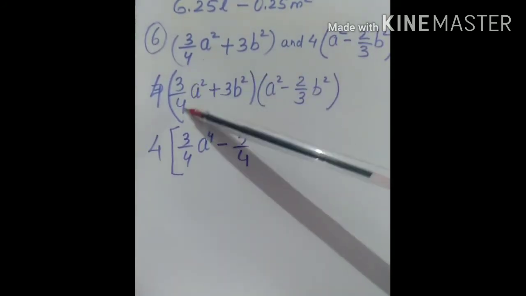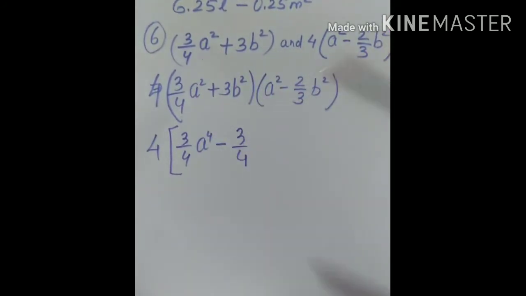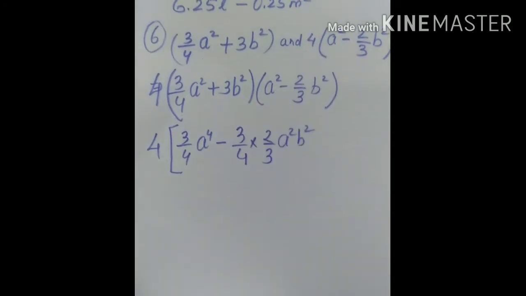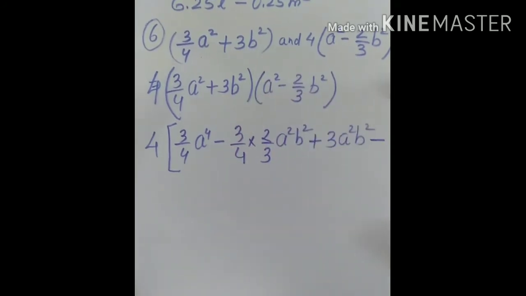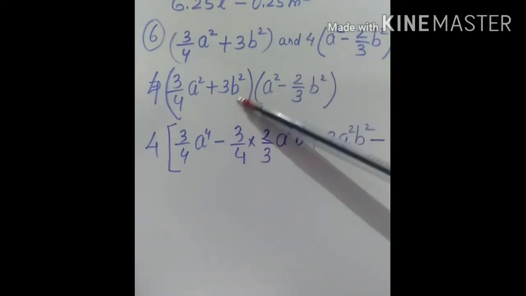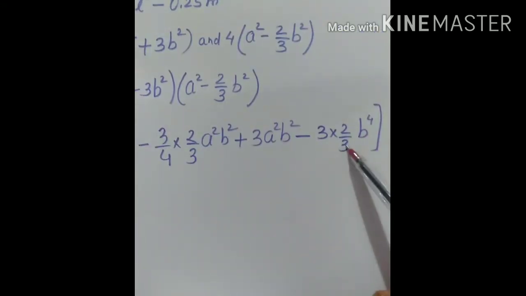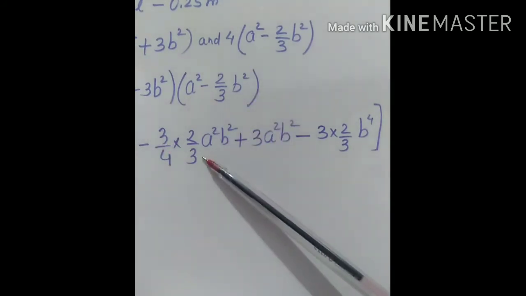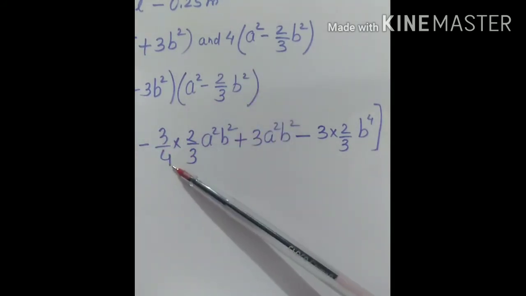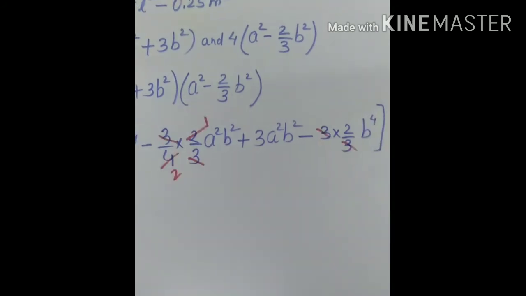We will write 3 upon 4 into 2 upon 3 first and then a square b square, plus this 3b square into a square, that is 3a square b square, minus 3b square into minus of 2 upon 3b square. First we will write the constant multiplication and then b square into b square is b to the power 4. Now this 3 will cancel with this 3 and this 3 will cancel with this 3. From 2 we will cancel off 4 two times.